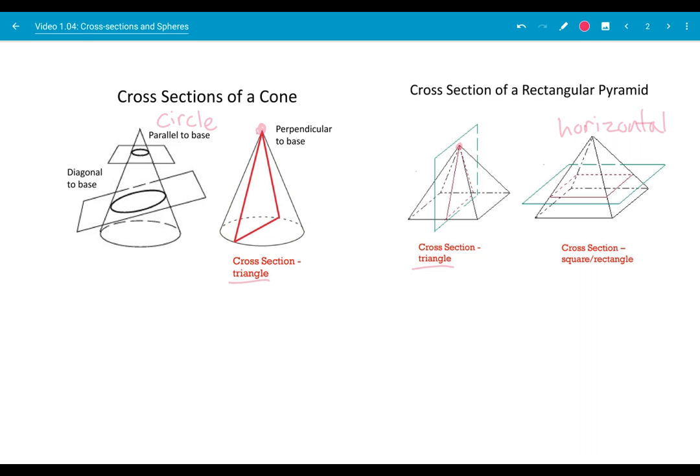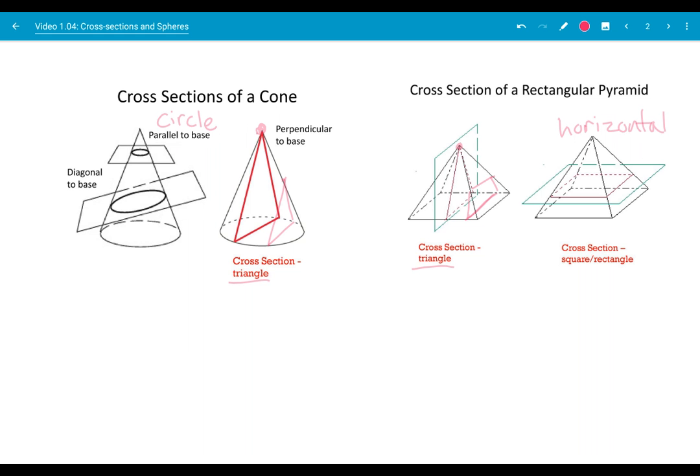If you move a little bit further over on a cone, you still have a flat base and you still have some point where they vanish into the sky, and it still makes a triangle. But if you're over here on the rectangular pyramid, the base where it cuts across here is not necessarily going to come to a point up above. So we're going to see this one on the next one.